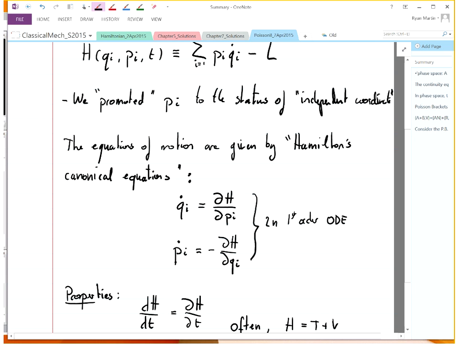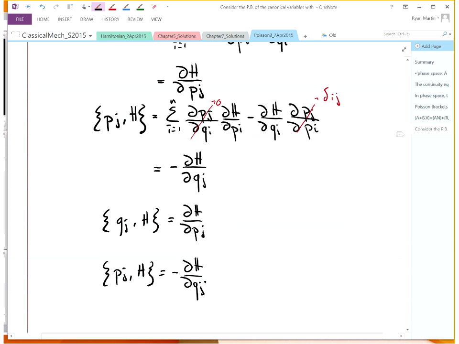Same thing for the other one. If I look at the canonical equation for the momentum, I have minus ∂H by ∂qi. Exactly what I have here.